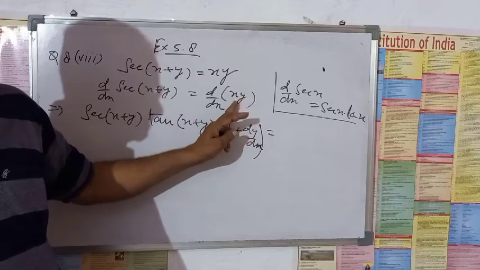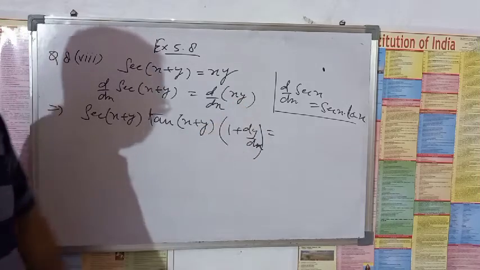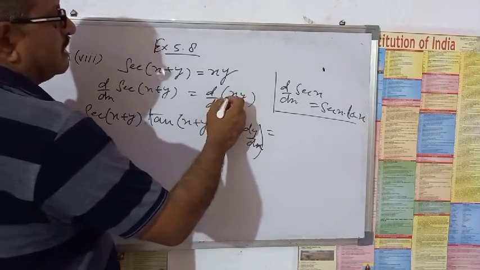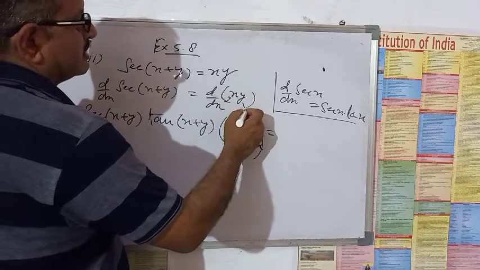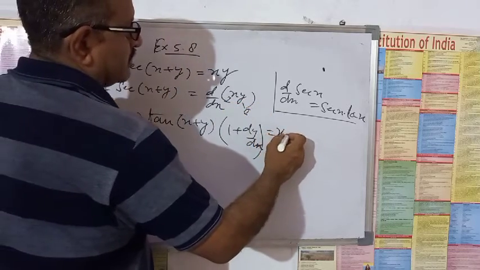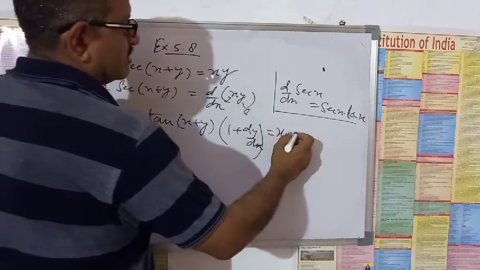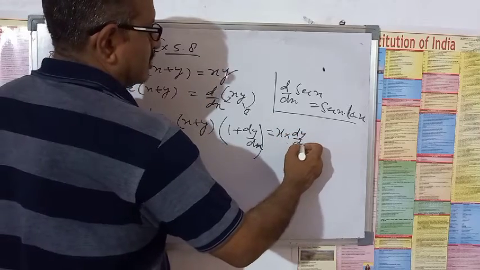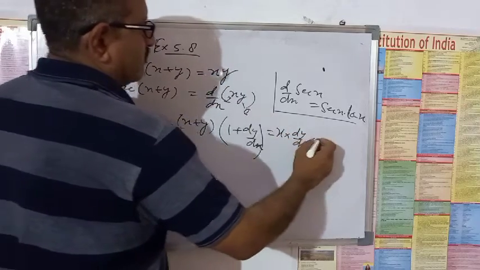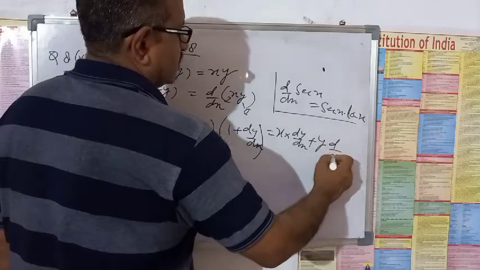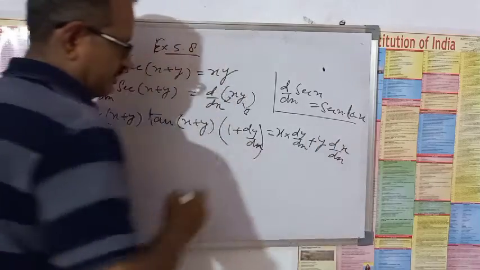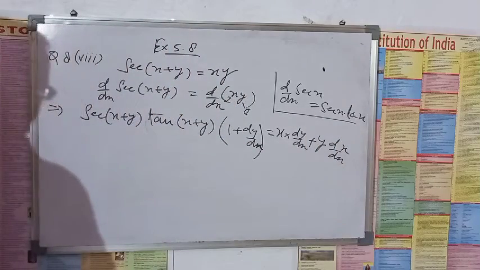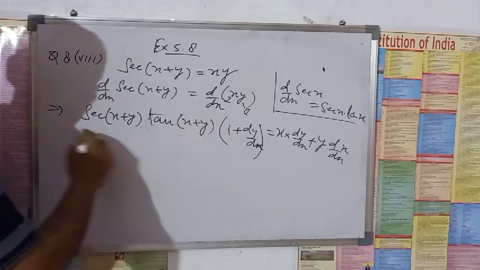There are two functions here. We have to apply a product rule. So suppose x is the first function, y is second. So first function, derivative of second, means x into dy by dx, plus second function y, derivative of first. Open this bracket.